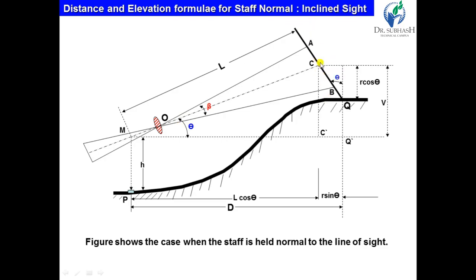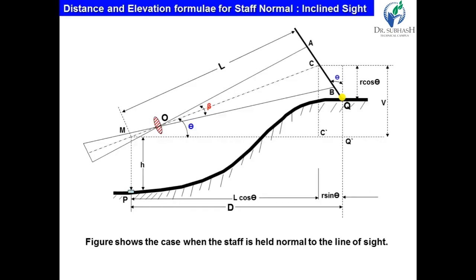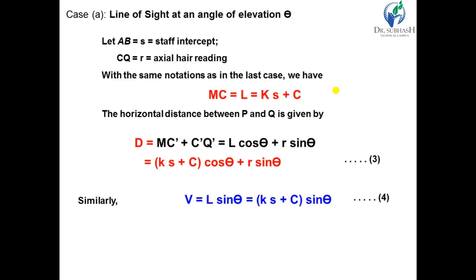The line of sight is inclined, and the staff is normal to the line of sight. Now AB is equal to the staff intercept s. CQ is equal to R. R is the distance from the bottom to the middle reading of the staff.